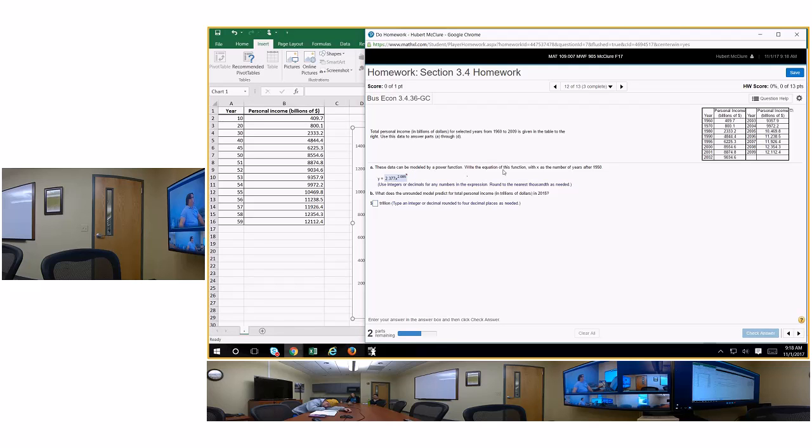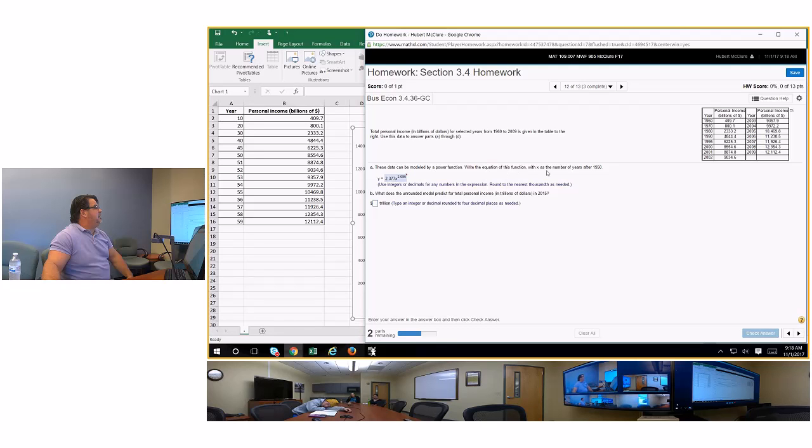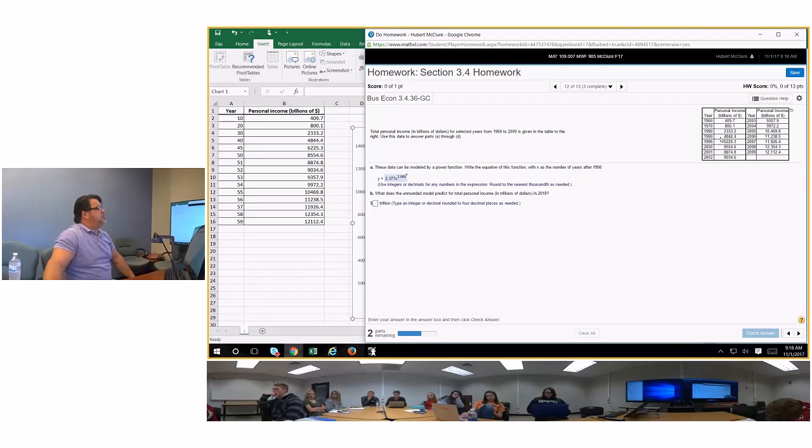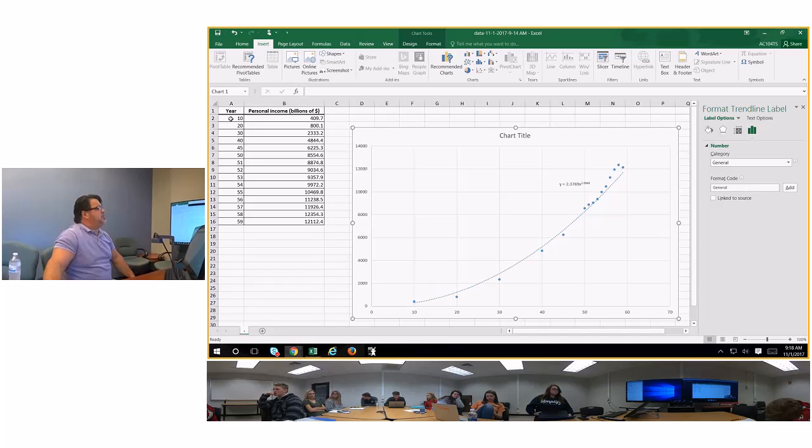Write the equation of this function with x as the number of years after 1950. They set you up with a table, but they gave you the wrong table. I mean, they told you to change the x. It's just like I did right here. Is that a crappy question?